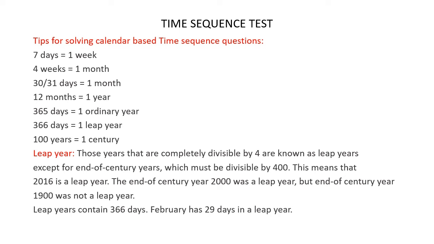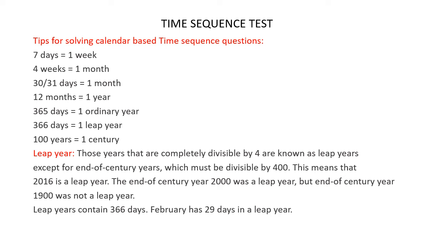Now let's understand more about a leap year. Those years that are completely divisible by 4 are known as leap years, except for end of the century years, which must be divisible by 400. This means that 2016 is a leap year because it is divisible by 4.